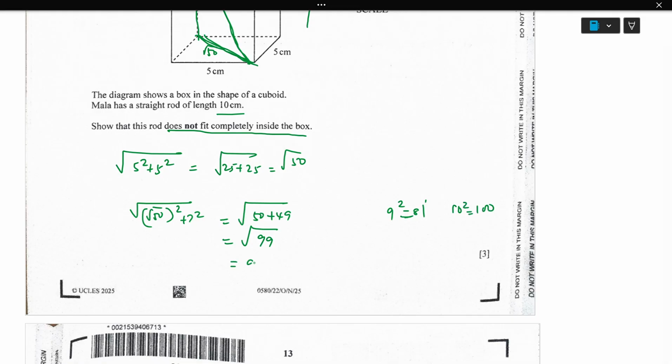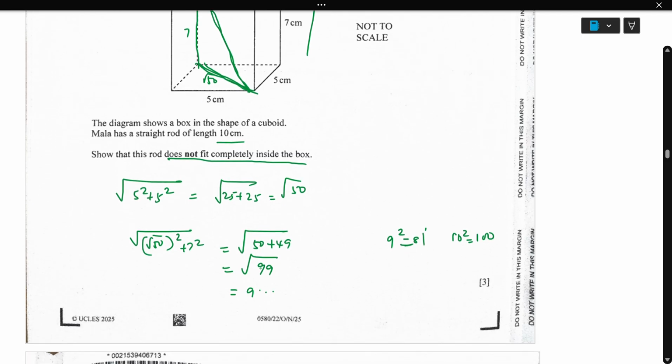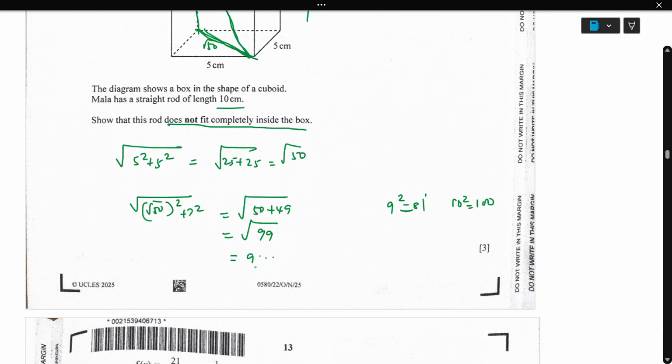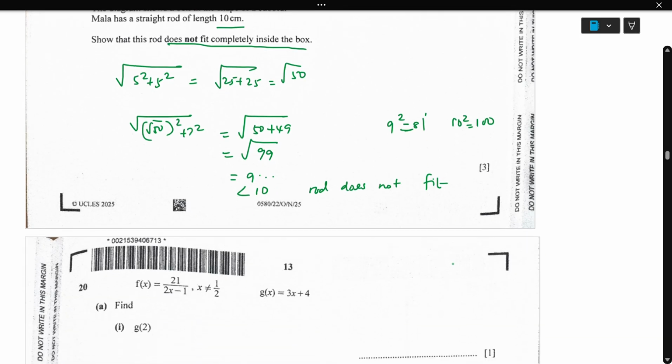This answer must be between 9 and 10, so 9 point something will be the answer. So the rod is 10 centimeters, so it does not fit. So we have to write is less than 10. So the rod does not fit.